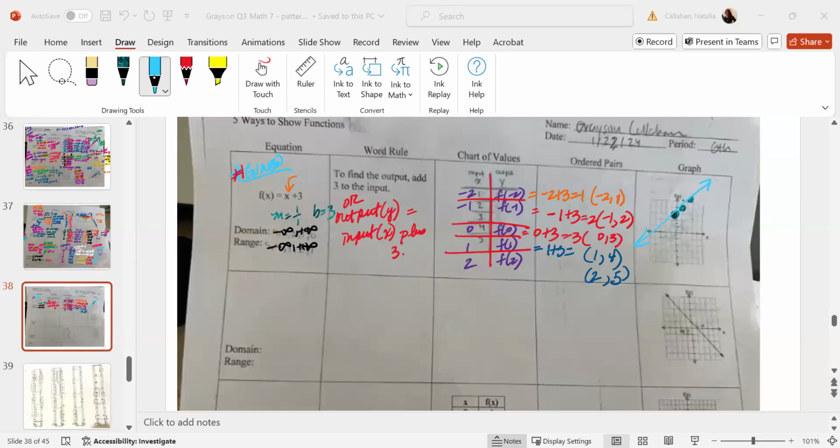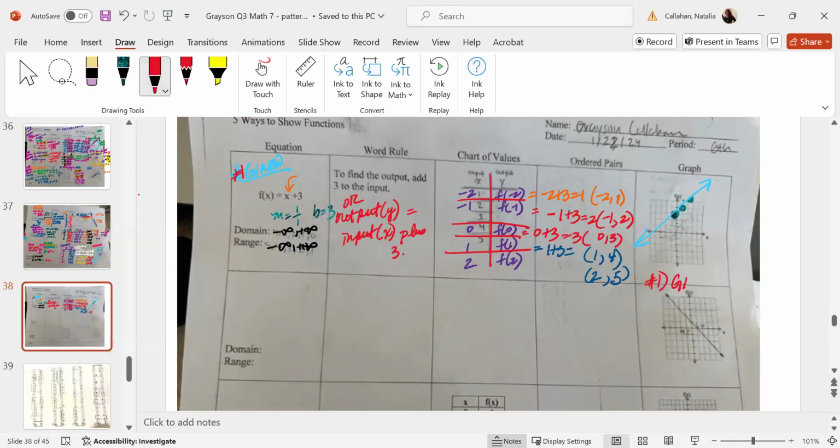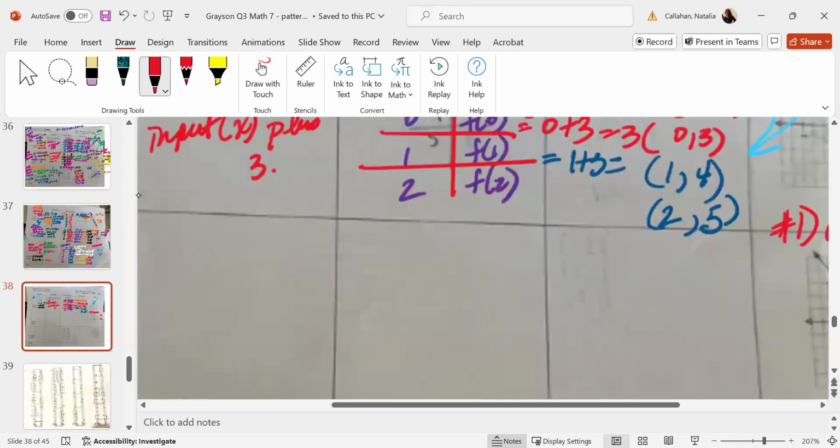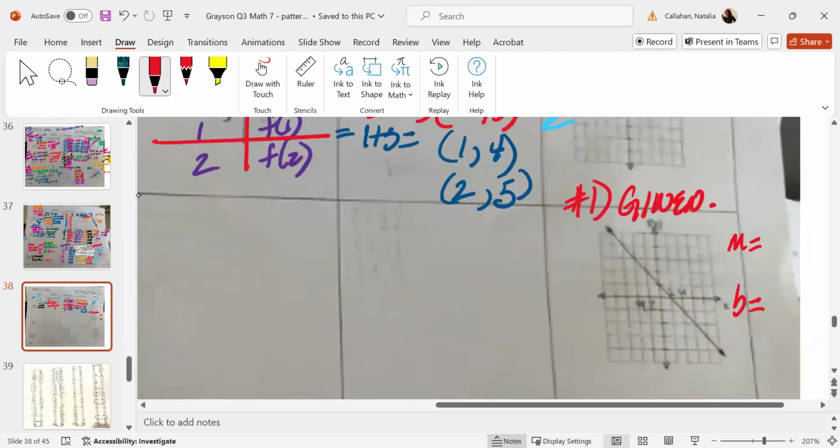So for number 2, what's given to you? The graph, right? 2 things you need to find the equation, what are they? So point to where the graph crosses the y-axis.